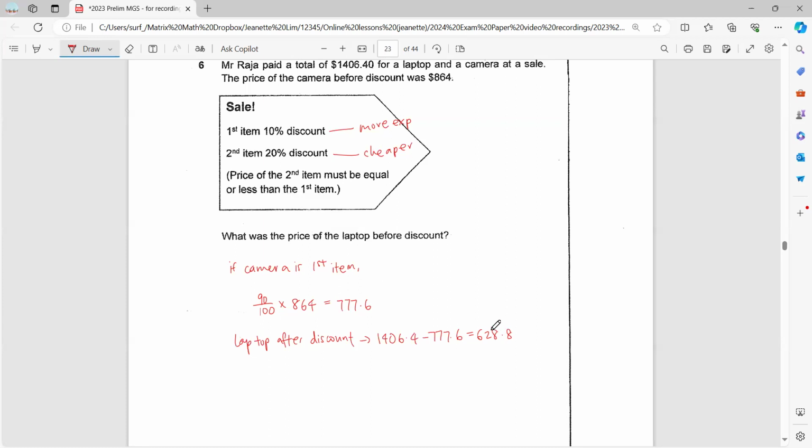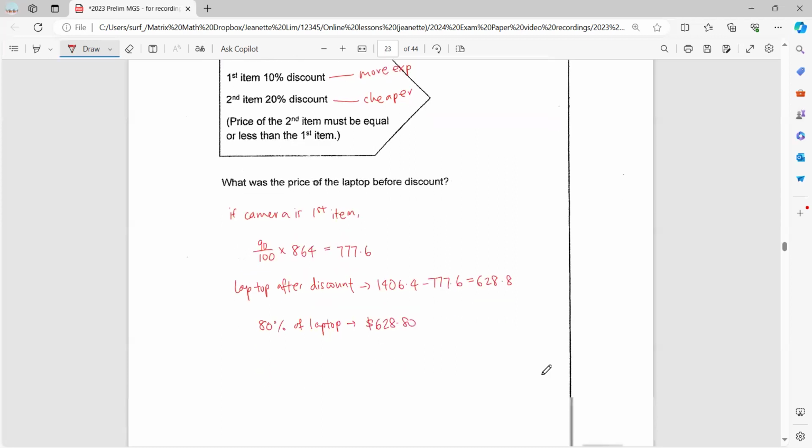Okay, so this is the after-discount price, but you're supposed to find the original price. There is a 20% discount, so this itself is actually 80%. So 80% of the laptop is this. You want to find the original price, which is 100%. So you find 1%, then you find 100%.